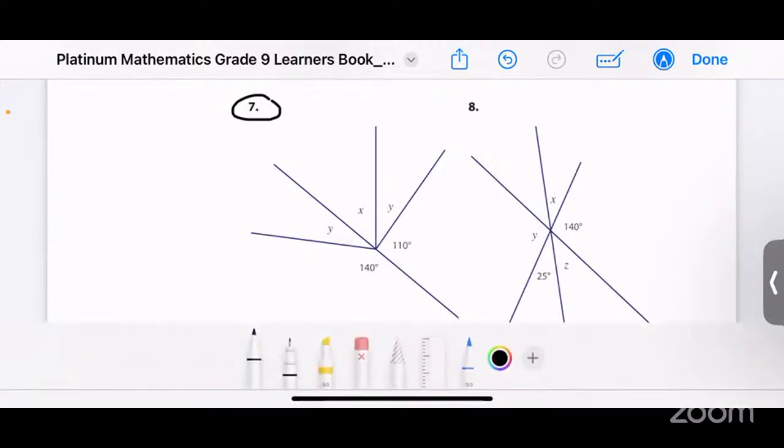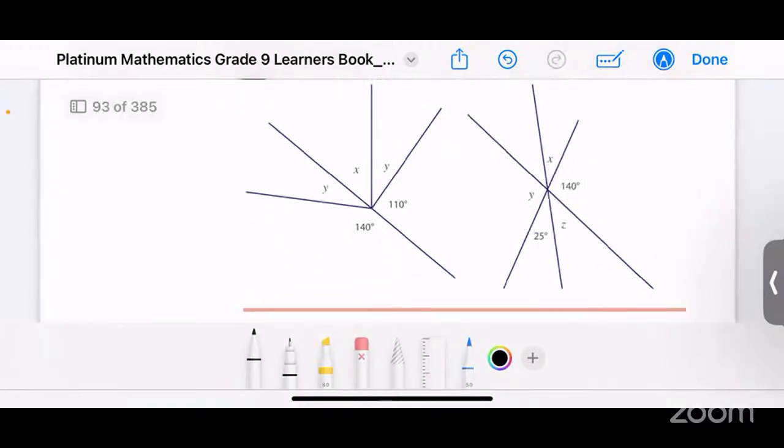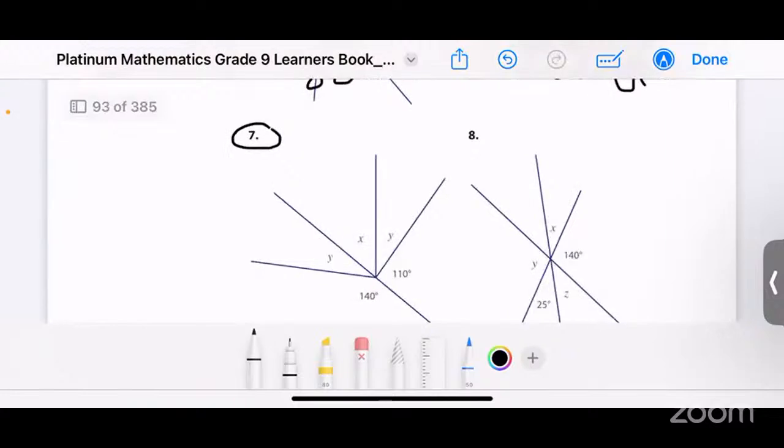What is the value of x? They are vertical opposite with 25 degrees. Are you not seeing that? X is equals to 25.